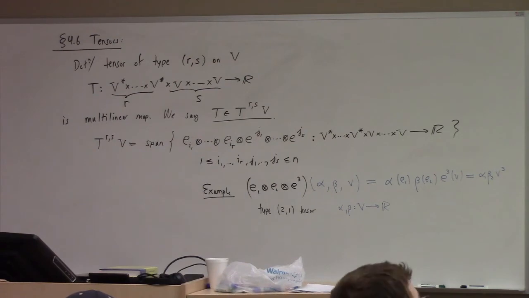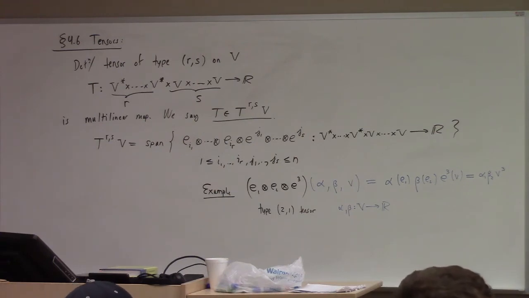Here's the way to think of it in the picture: S is a type RS tensor on V. S is over here, so to speak, and over here we're going to pull back S. So my language would be that S is an element of the tensors of type RS on V, whereas the pullback of S would be a tensor of type RS on U. We're assuming here that phi is a diffeomorphism, which is what?